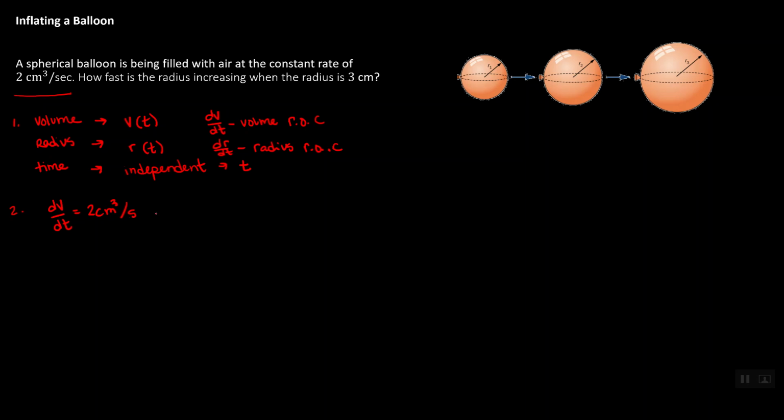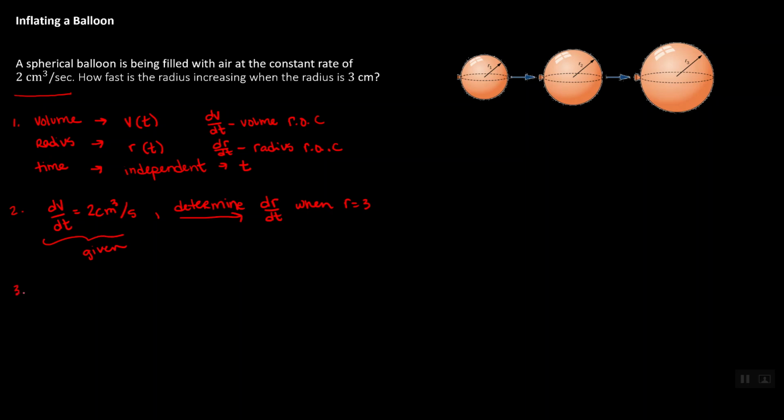And then we're asked to determine how the radius is changing. So we're looking for dr/dt when r is equal to 3. That's all the given information. So given, and then what we want to determine.